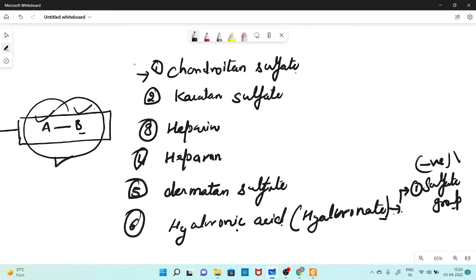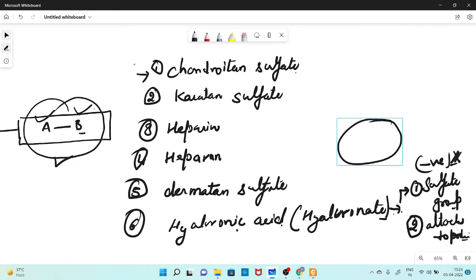And second thing, it does not attach to the protein, which means in the extracellular matrix it flows freely like this. That is your hyaluronic acid, right?